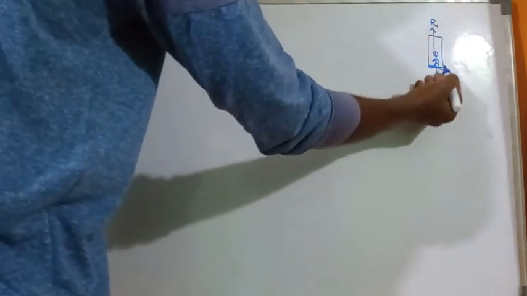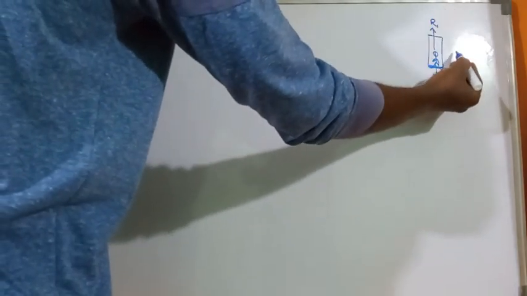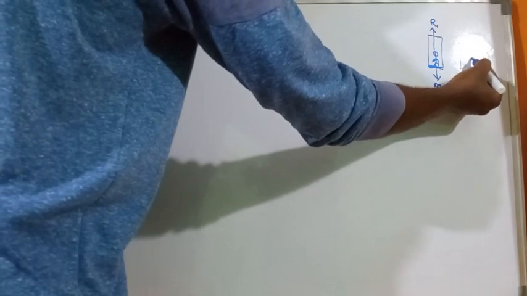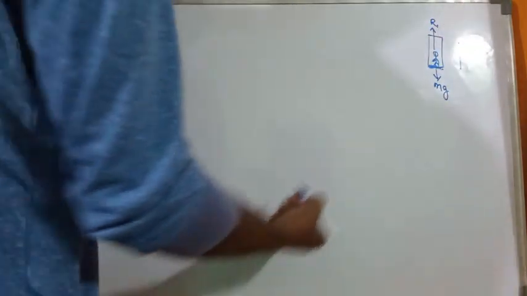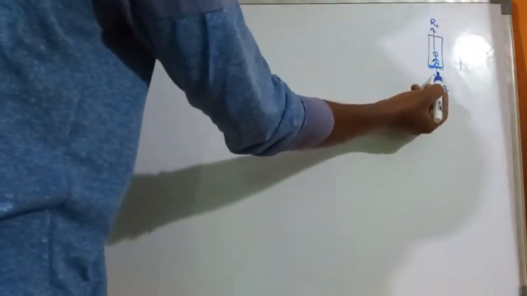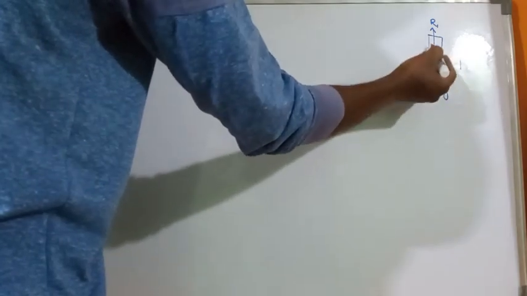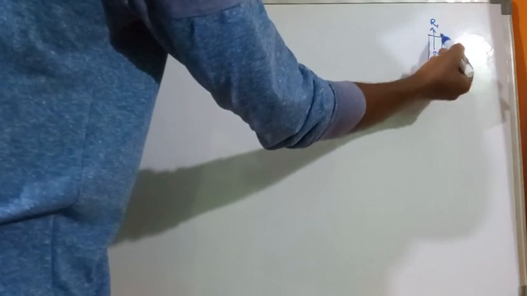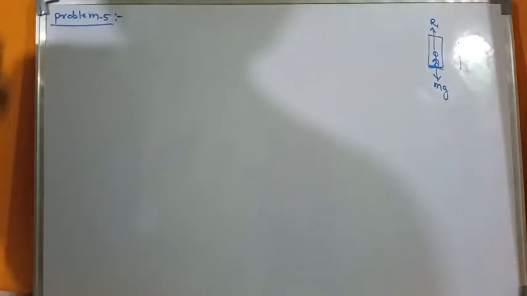Then our lift is moving upward. When the lift is moving upward, the acceleration is in the upward direction. So mg acts downward and the normal reaction upward, and the resultant acceleration of the lift is also in the upward direction.